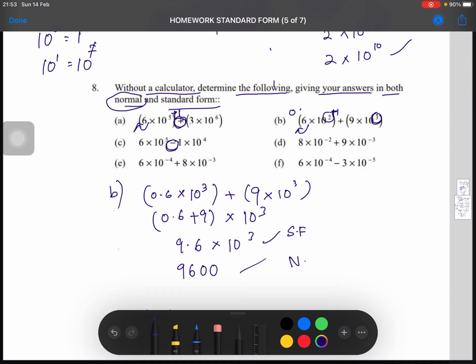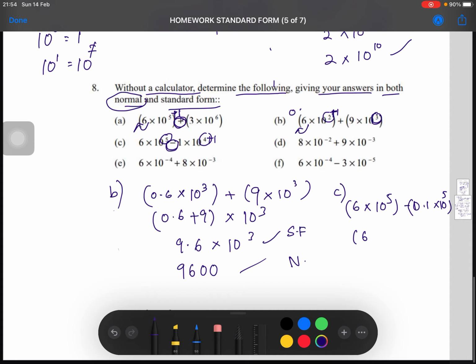Okay, C. We are involving subtraction. Same also, the same way, you just choose any power you want. I want to choose power 5. So that means this one we must add 1. Then we have 6 times 10 to the power of 5 minus 0.1 times 10 to the power of 5.